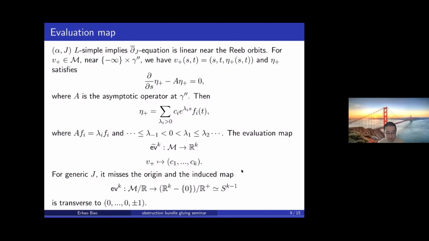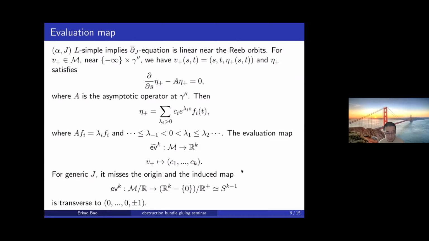And hence you can remove the origin, and then in the domain there's a translation, so it induces a map on the quotient like this. So you quotient R from the domain, and in the target you remove the origin, and then you quotient out the R plus action.